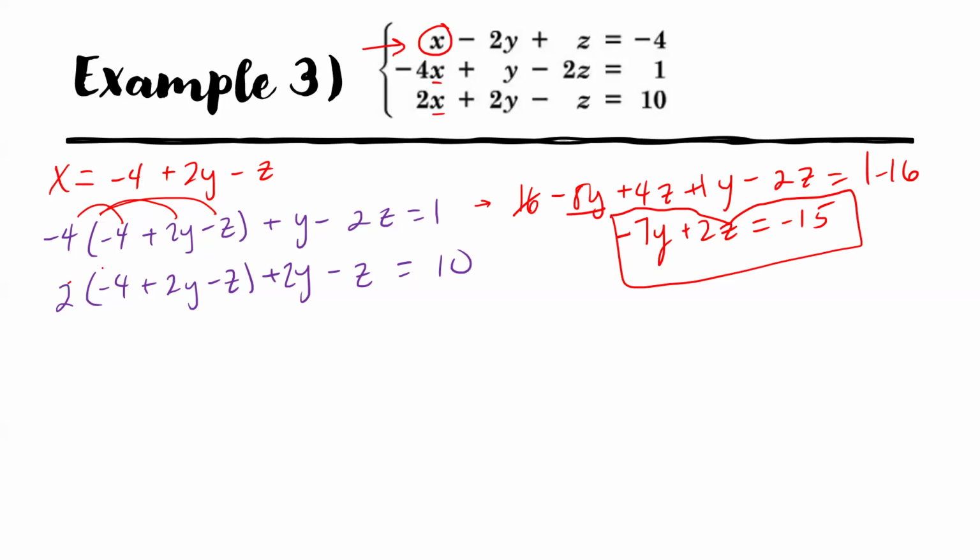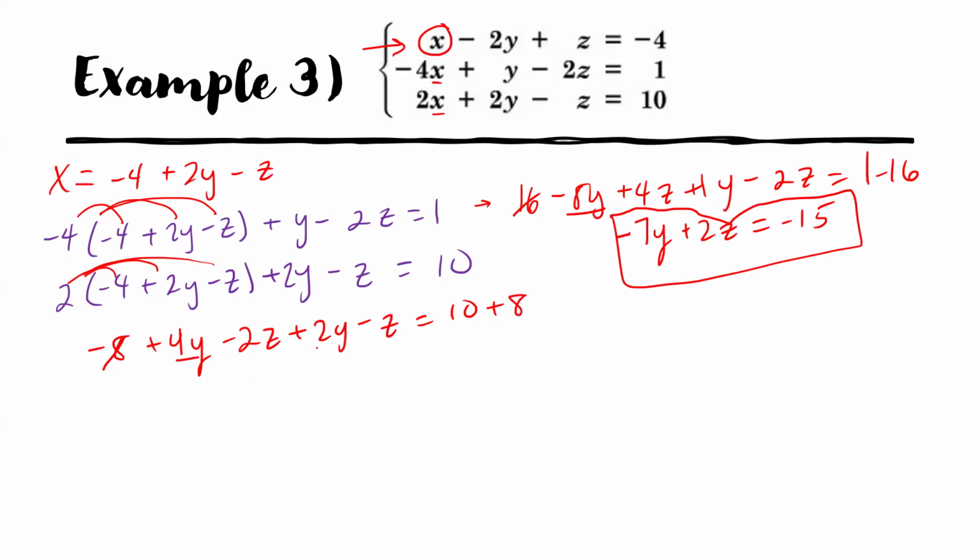I'm going to do the same thing here. Distribute, combine, isolate. A positive times a negative is a negative. A positive times a positive is a positive. A positive times a negative is a negative. Plus 2y minus z equals 10. I'm going to go ahead and move my constant. To move a negative 8, I'm going to have to make it a positive.